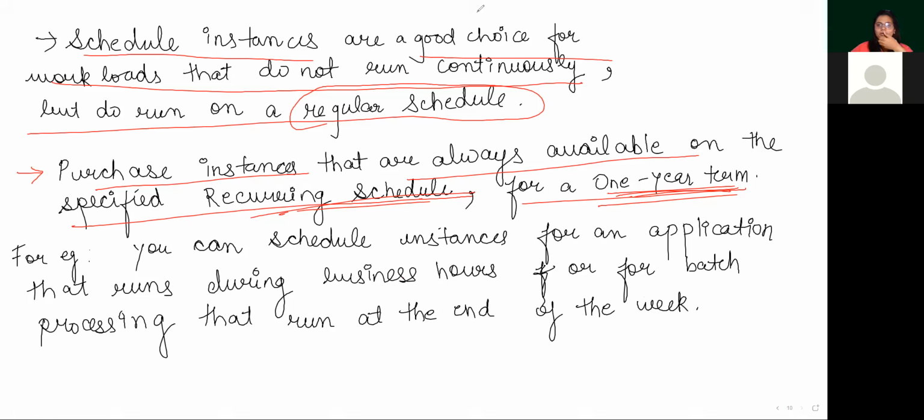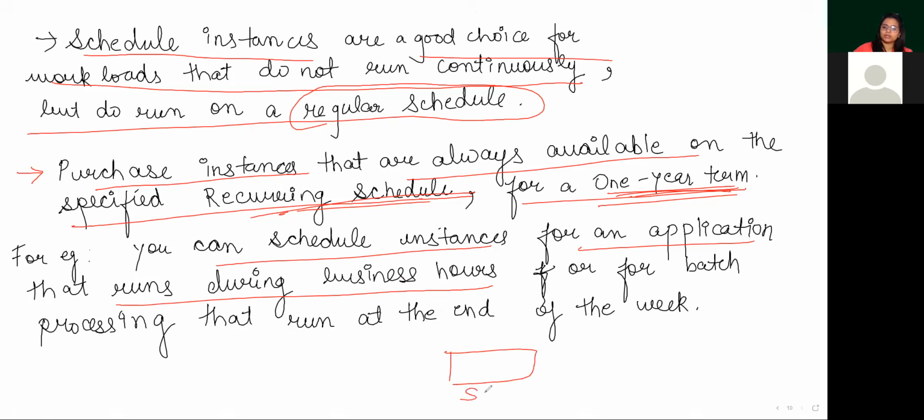Okay, so what happens? You use scheduled instances for applications which run during business hours. You know, I want this particular server or this application to run from 2 a.m. to 10 p.m. So this schedule you will give to the EC2 instance. So each day at this time, this server will be provided to you.